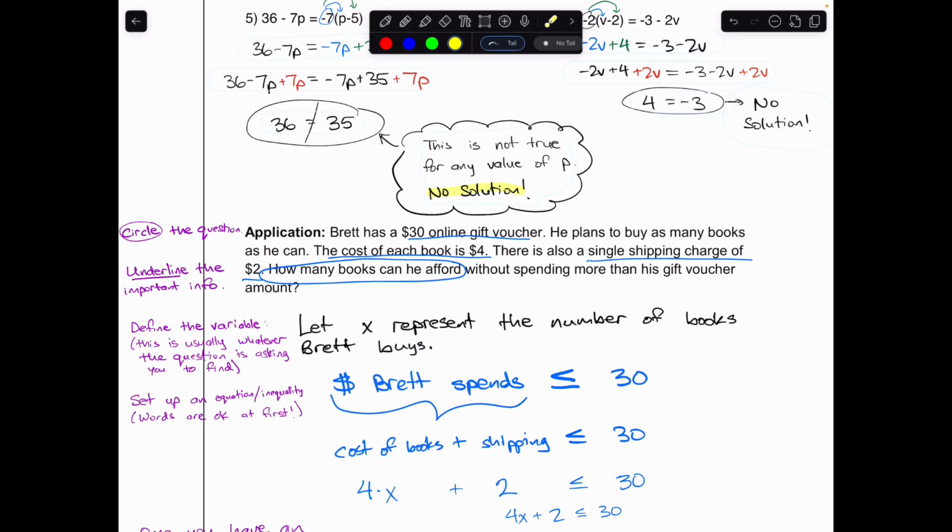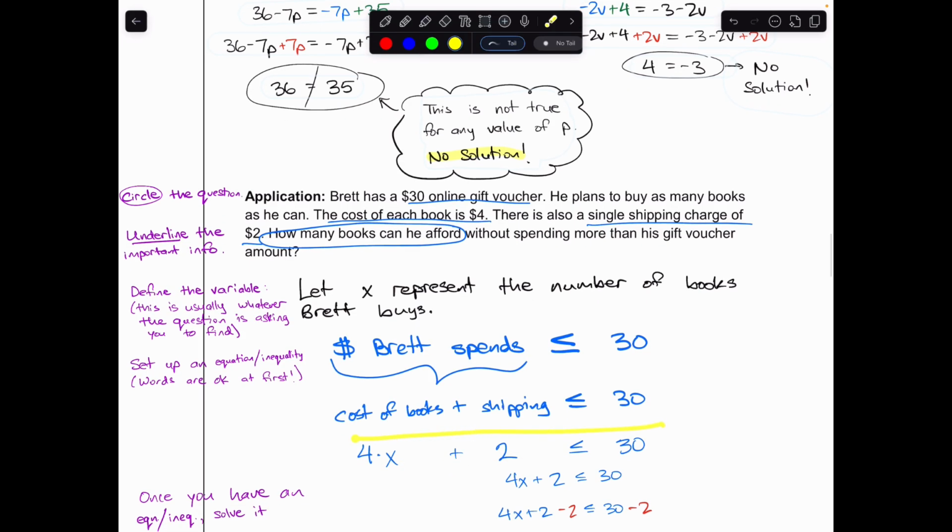But don't forget, we also underlined another piece of information. There is a single shipping charge of $2. So he's going to have to pay 4 times the number of books that he buys plus $2 in shipping. That's our inequality that we're trying to solve. If you can get this, that's the word problem part.